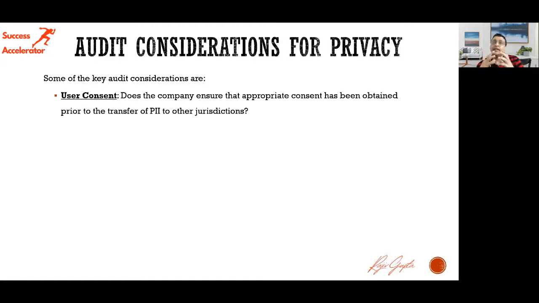Because as I said, now every country is coming up with different requirements, with different restrictions, that if you are collecting data, for example, of say UK citizens, then where you can store the data and who can access the data. Similarly, different countries are coming up with different requirements.